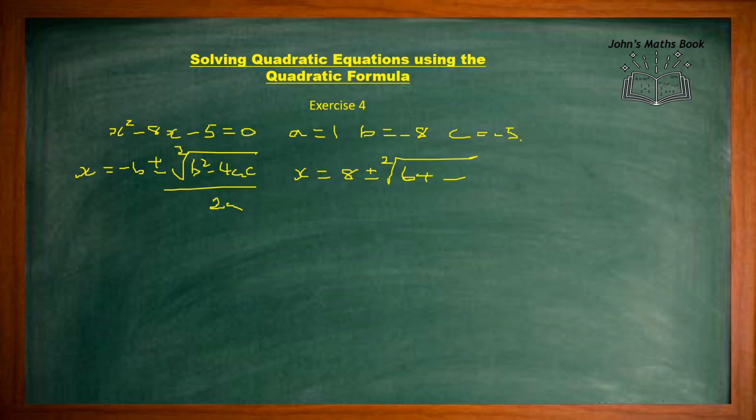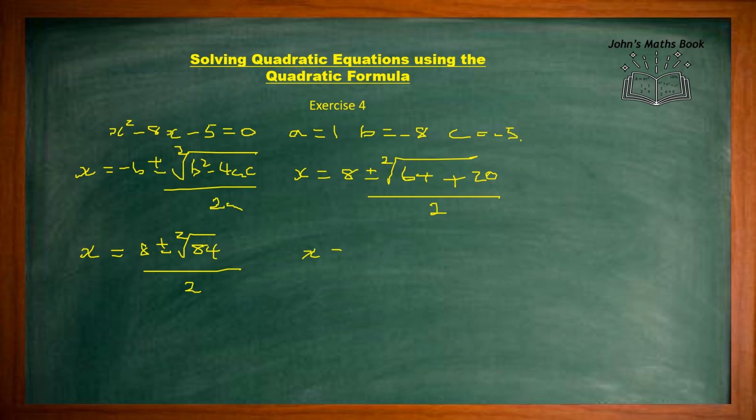So 4 times a is 4, times c is minus 20. A minus and a minus becomes a plus, so 20. That's divided by 2 times a, which is 2. So if we simplify that, we get x is equal to 8 plus or minus the square root of 64 plus 20 is 84, divided by 2.